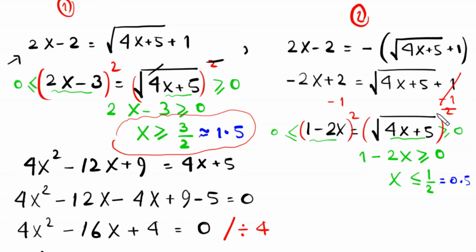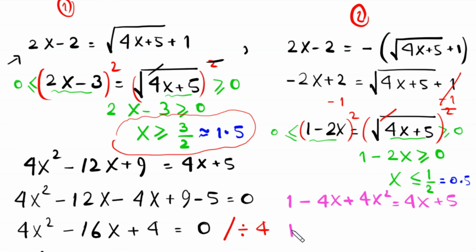So this square will be cancelled out with the square root and expand this 1 minus 2x whole squared. This will become 1 minus 4 times x plus 4x squared equal to 4 times x plus 5. Move these two terms to the left hand side.